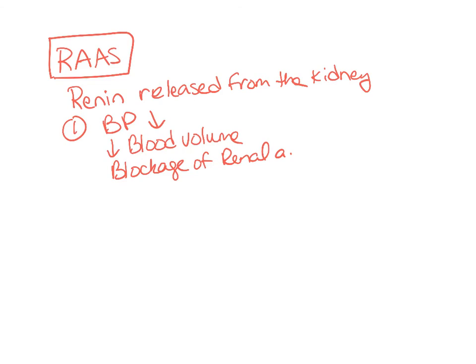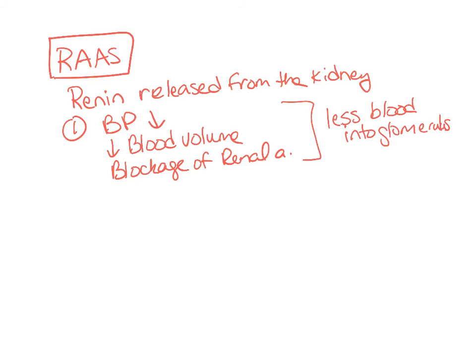Or if there's a blockage in one of the branches as well. So that's one reason why renin would be released from the kidney. All of these things are bringing less blood into the glomerulus. So the kidney is thinking that it needs more fluid coming in, and so renin will be released.